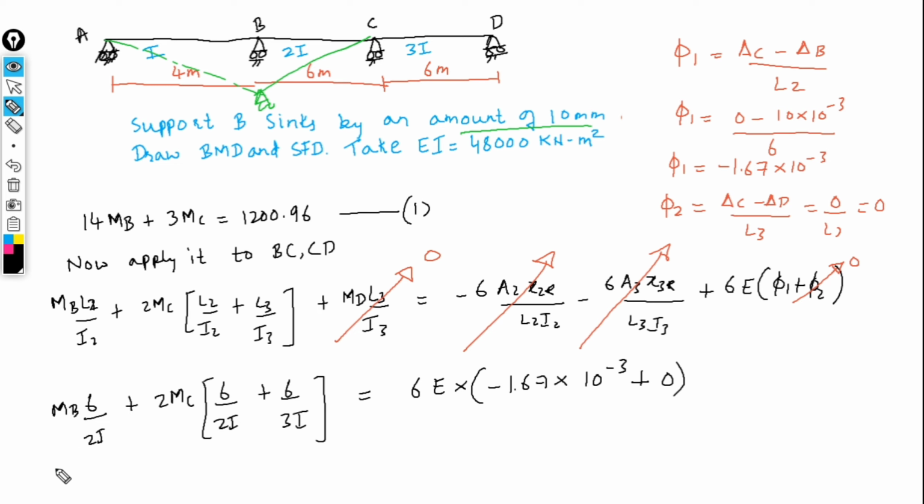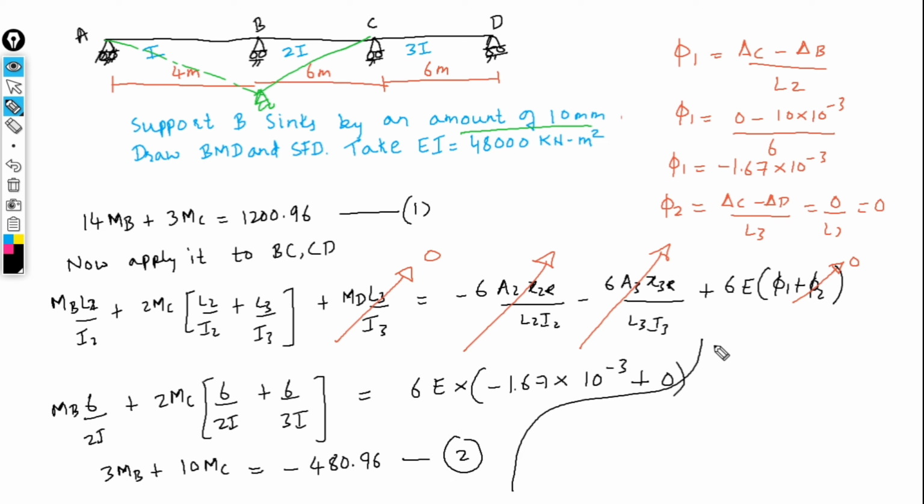You can simplify the equation. After solving the equation, you will get equation number 2, that is 3MB plus 10MC equal to minus 480.96. This is your equation number 2.